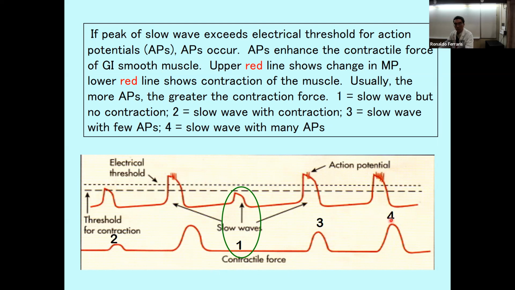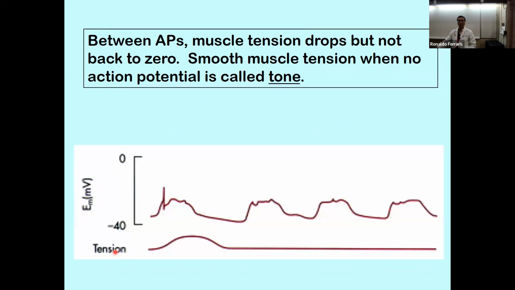So what happens in number four? When you have more action potentials, the more action potentials you have on top of a slow wave, the greater your contraction. And so understanding these very simple basics will help you understand what's going on with motility of the GI tract. Right now, you have a flaccid tone, but it's not zero. The smooth muscle right now, while you're listening to my lectures, is fine.